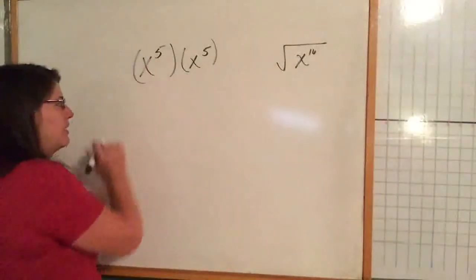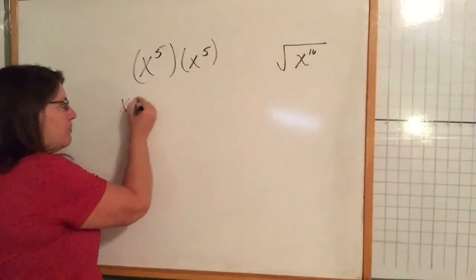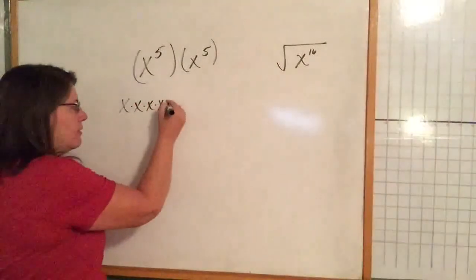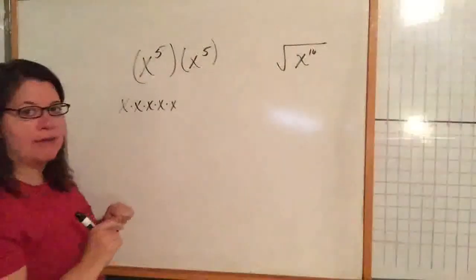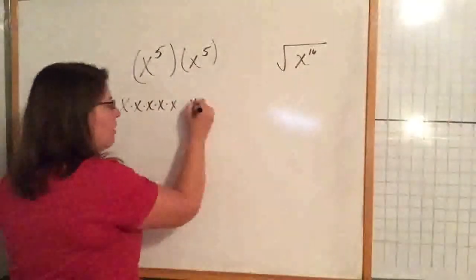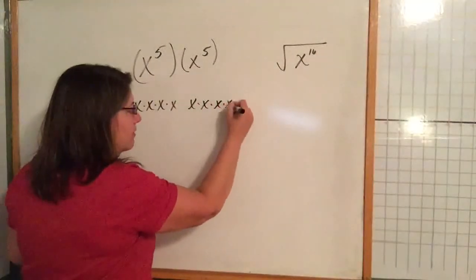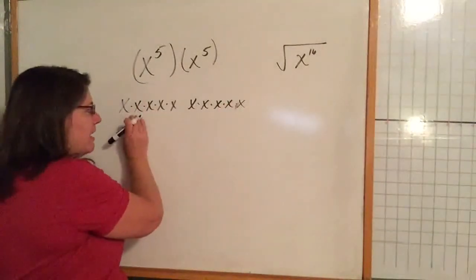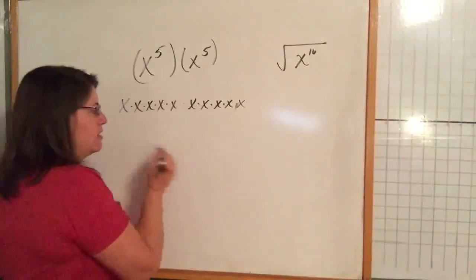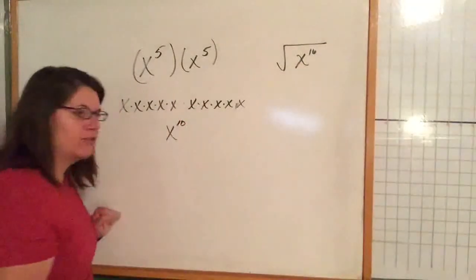If I have x to the 5th, that means I have x written 5 times. So that x to the 5th means I have 5 x's. This x to the 5th also means I have 5 x's. So if I have these 5 x's times these 5 x's, don't I really have x to the 10th?